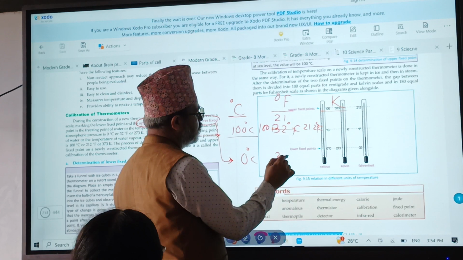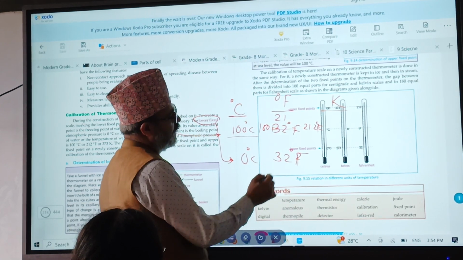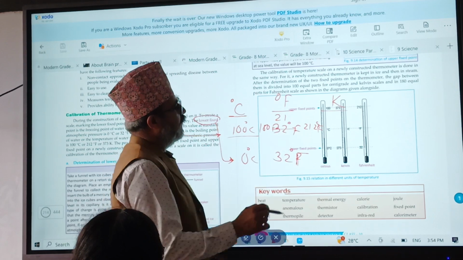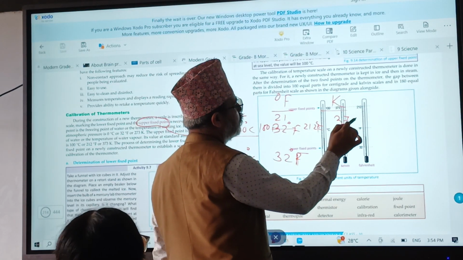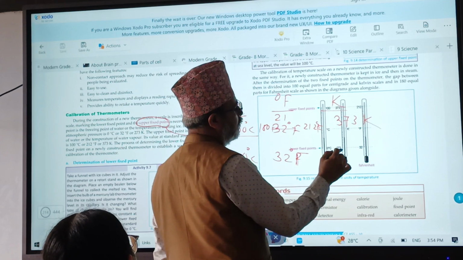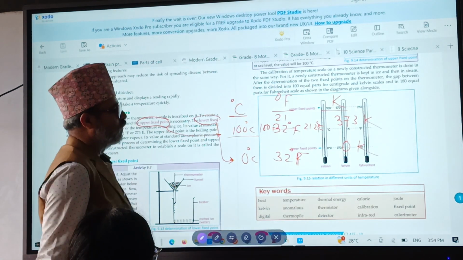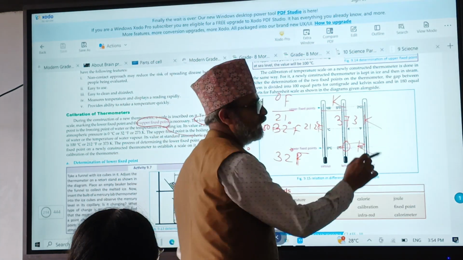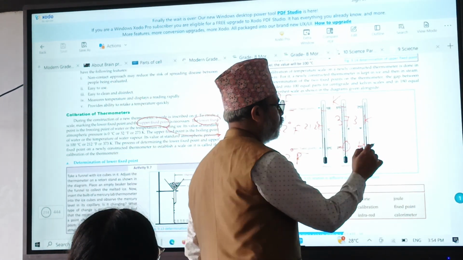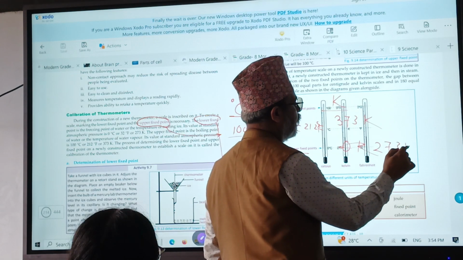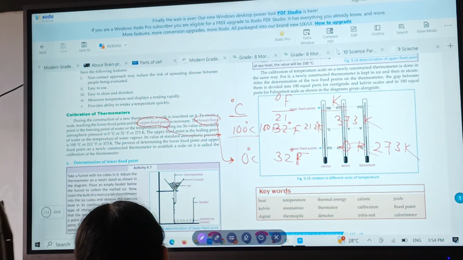And in Kelvin, the upper is 373 Kelvin. We don't write degree. The lower is 273 Kelvin. 0 Kelvin is absolute zero, as we discussed last time.